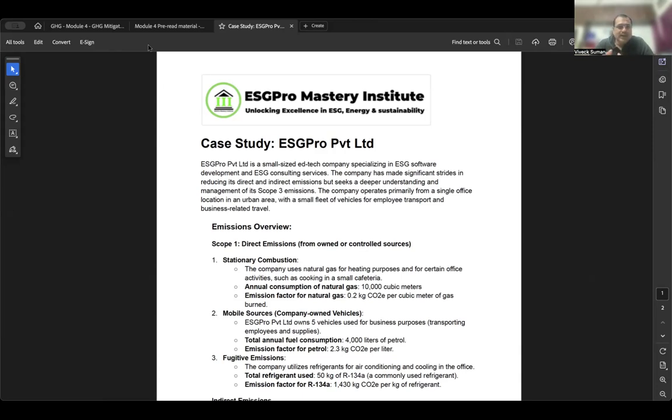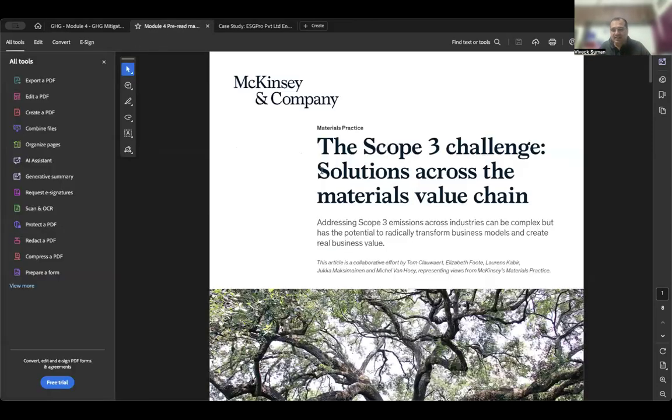Okay, sure. So let's cover the case, and I also have this pre-read material which I think you have not received. It is now post-read for you. Read this specifically. It's a McKinsey report from just last year. It's the most recent way to mitigate scope 3 challenges which somebody has deliberated.